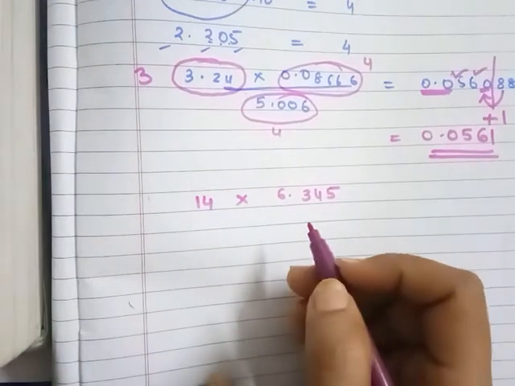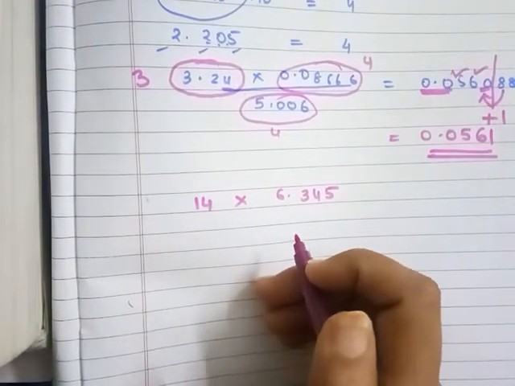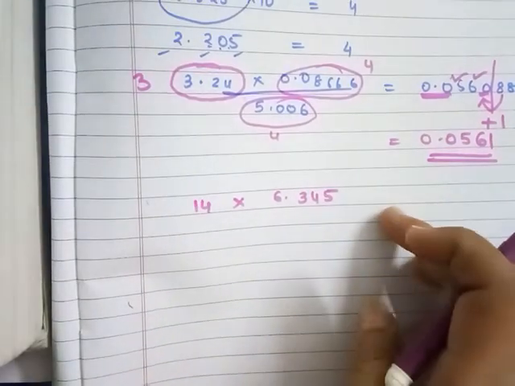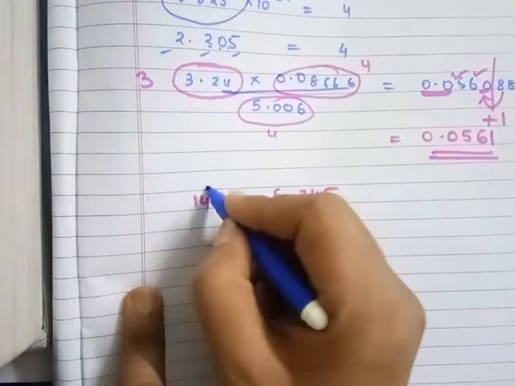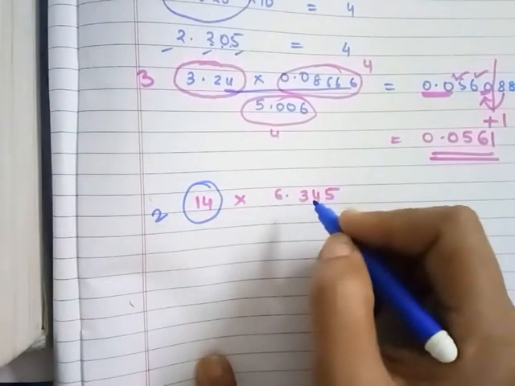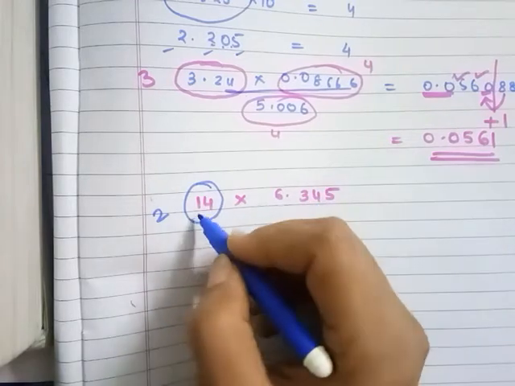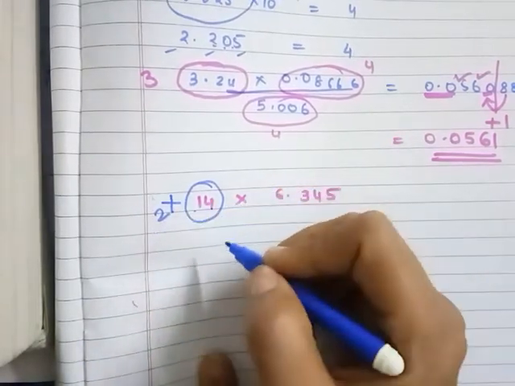When you multiply these two numbers, the result should have how many significant figures? Now the first number is 14. It's an exact number. So how many significant figures does it contain? 2 or infinity. We normally see these two, but you need to understand 2 is not the correct answer.